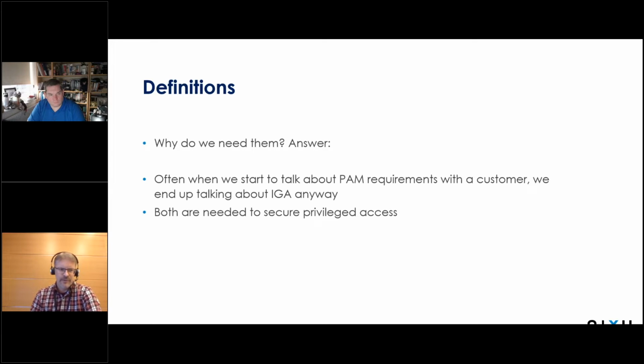But also our customers are thinking about the overall end-to-end process of, well, how does a user gain access to these privileged credentials and how do they operate them? And for that to happen, both these components are needed. So you do need both IGA and PAM for that.